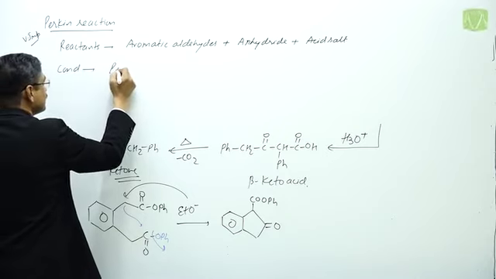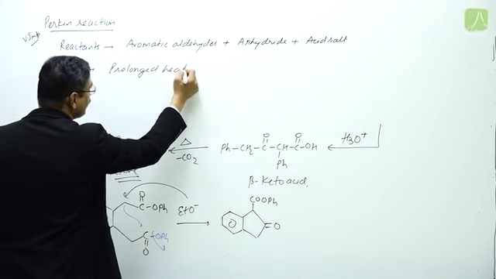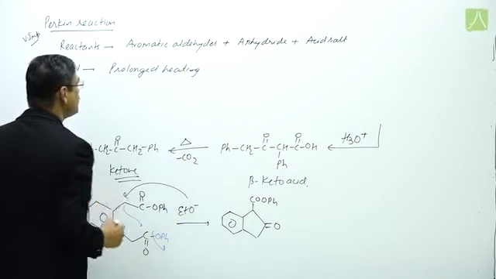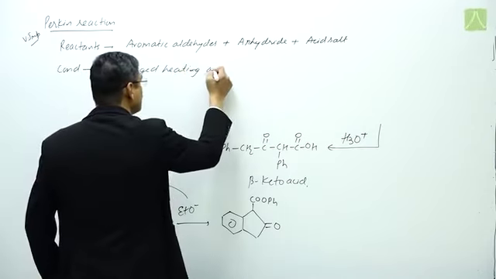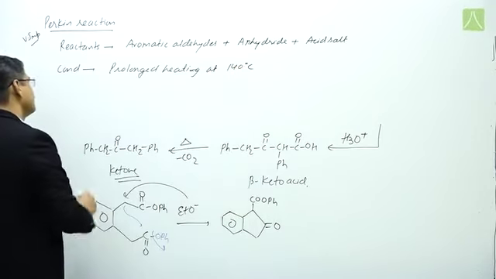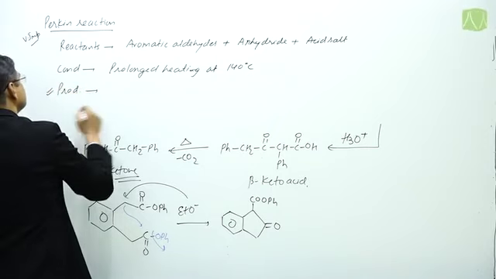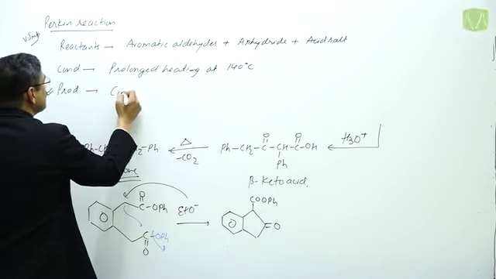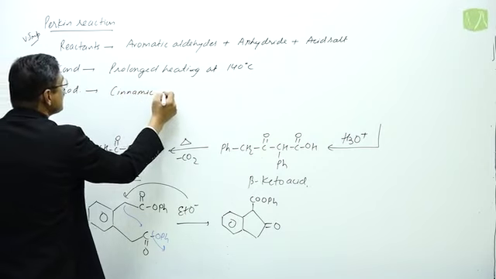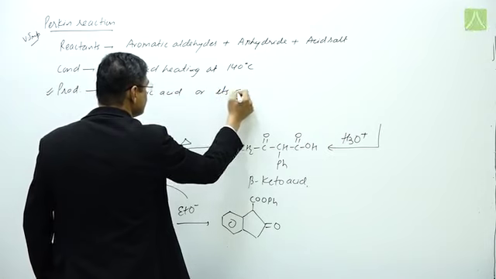The condition is prolonged heating, for a long period of time at approximately 140 degrees centigrade. This is the condition. Now, the very important product is cinnamic acid or its derivative.